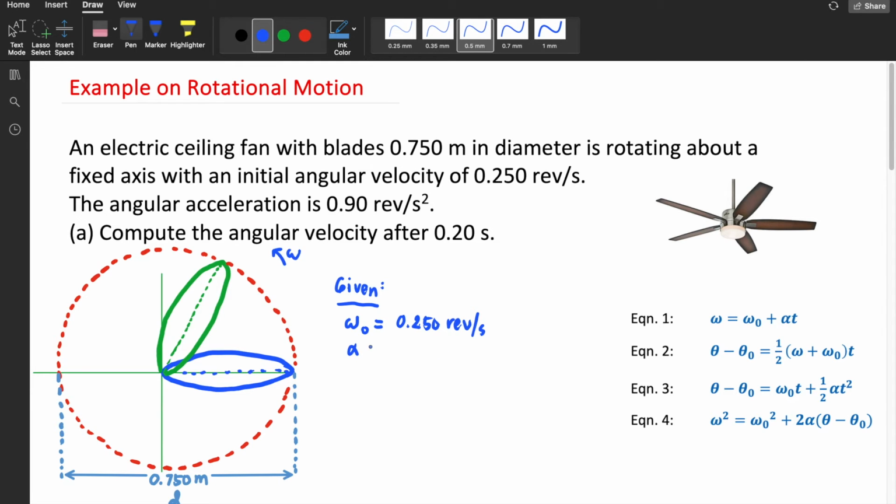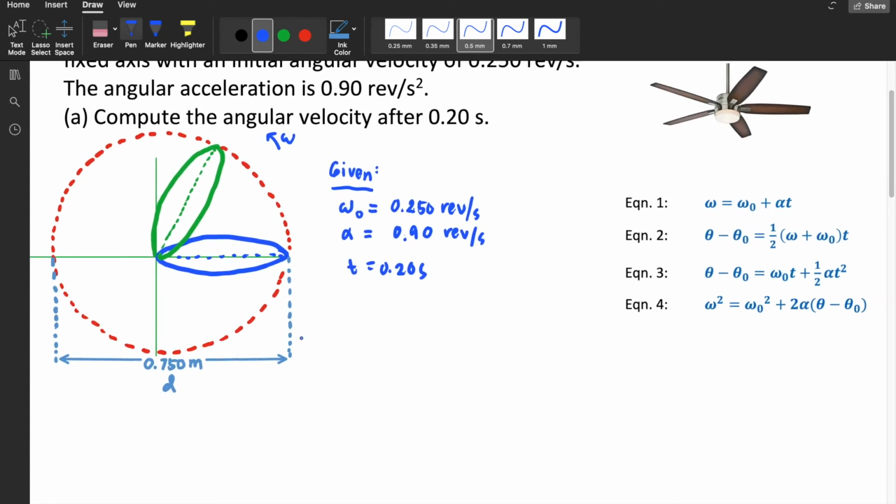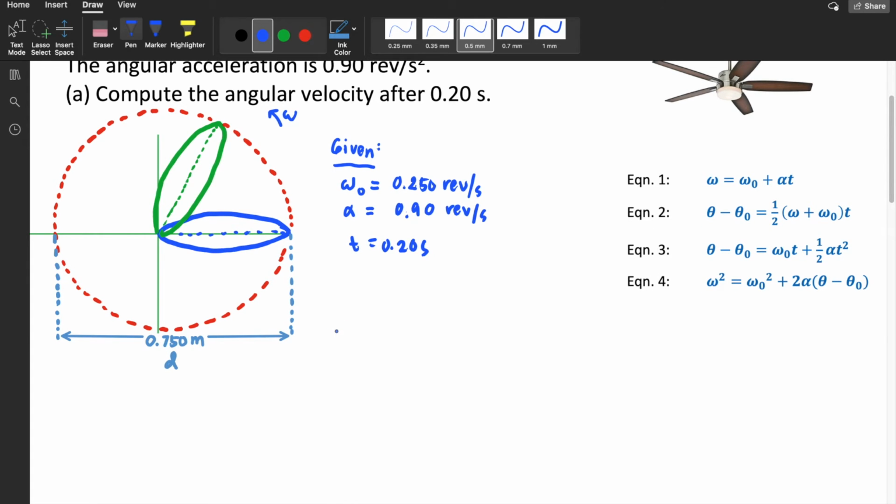The alpha is given as 0.90 revolutions per second squared, and the time is simply equal to 0.2 seconds. For letter A, it's asking for the angular velocity after 0.2 seconds, so it's asking for the final angular velocity.